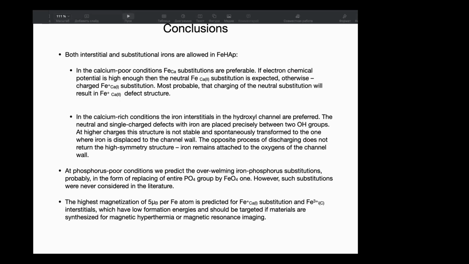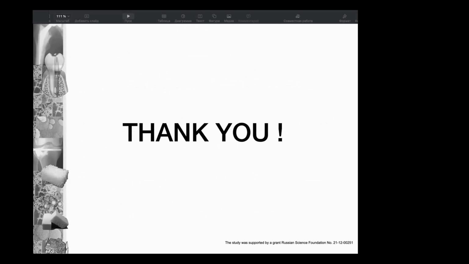And the highest magnetization was calculated for the charged substitution of iron for calcium 1 and the iron interstitial. Okay, thank you.